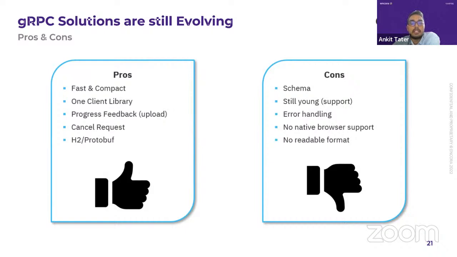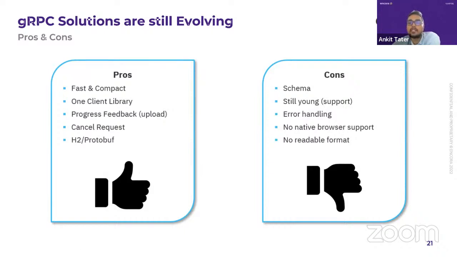So you can get progress feedback. Let's say you are uploading a file. How do you know how much data has been uploaded to the server? Here the server can send a response back to the client showing how much progress has been made so far. The next thing is cancelling requests, which is pretty much not possible with the others.